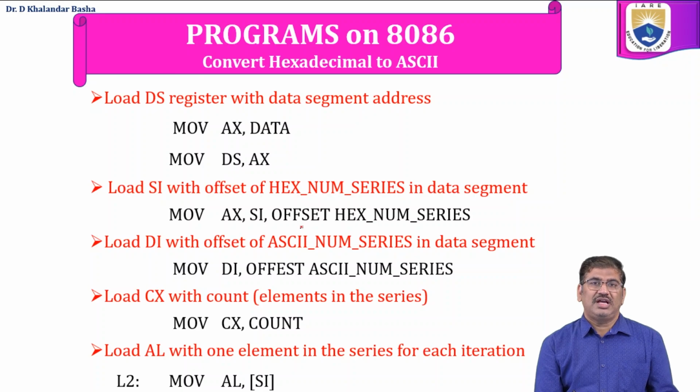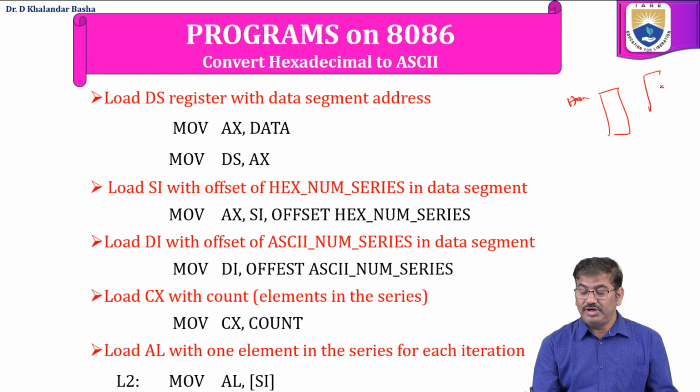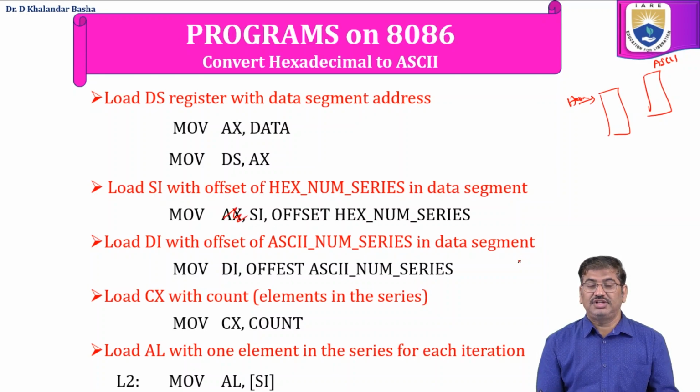Then we fetch the address of the hexadecimal series. Instead of converting a single hexadecimal number, here we are going to take a series of hexadecimal numbers and convert them into a series of ASCII numbers. So MOV SI, OFFSET hexadecimal number, to point to the first data of the hexadecimal number, loaded into the SI register.